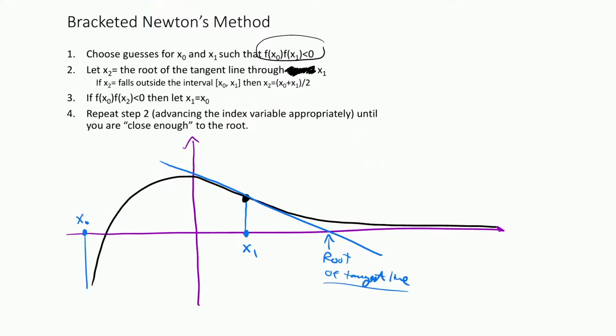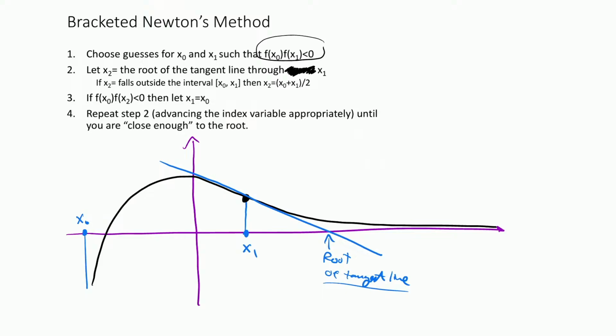Now, you already know the end of the story here, don't you? Because we talked about this just a minute ago: if we continue using this as our next guess and then do it again and again, we're going to go off to Never Land, to infinity and beyond. And we don't want to do that. We want to get closer to the root. So this is no good.